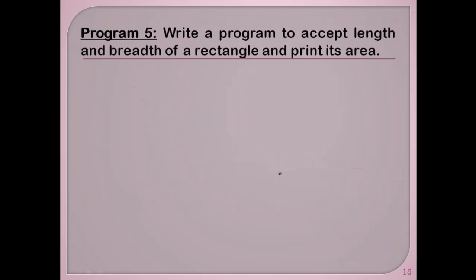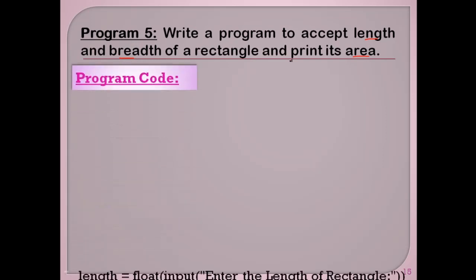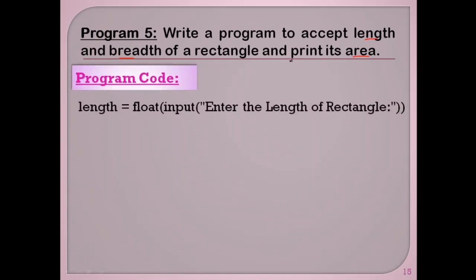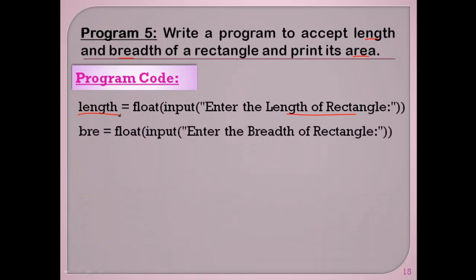The next program is to accept the length and breadth of a rectangle and print its area. Two inputs are there, length and breadth, and the area is to be displayed. Let us look at the code. Length is equal to float input, enter the length of the rectangle, and we are storing it in the variable length, and breadth is stored in the variable bre.